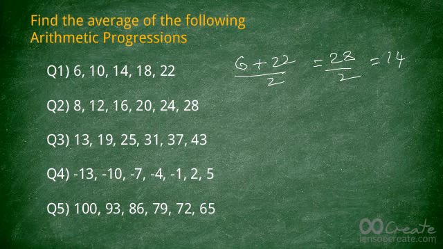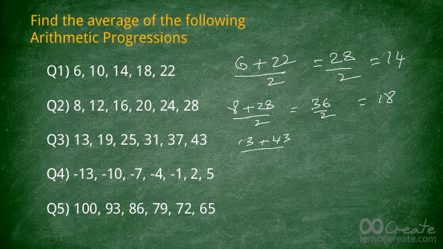The answer to the second question is 8 plus 28 divided by 2, which is equal to 36 over 2, that's equal to 18. The answer to question number 3 is 13 plus 43 divided by 2, that gives you 56 over 2, which is equal to 28.